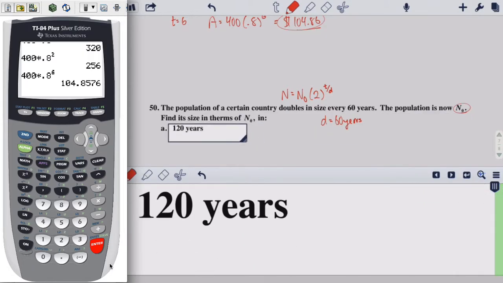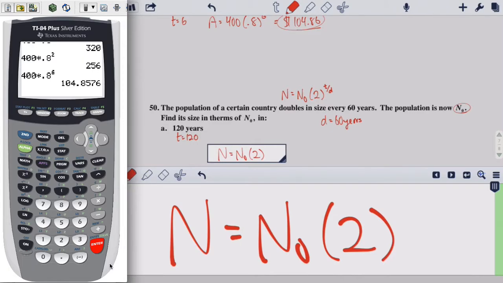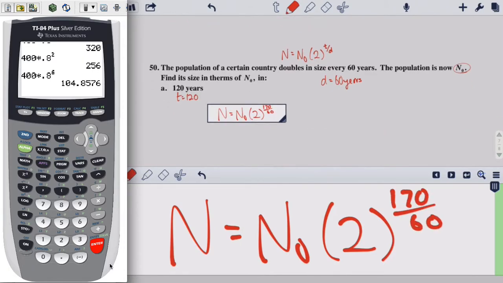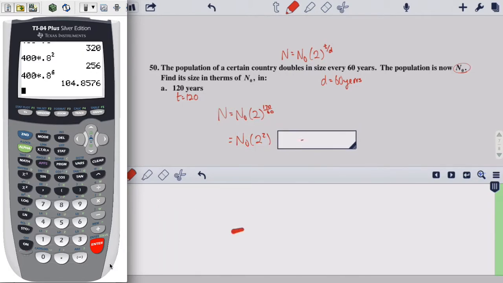They give us this case, t is equal to 120. So I just plug in. N is equal to N naught times 2 raised to the 120 over 60. That's equal to N naught times 2 squared, or 4 times N naught.